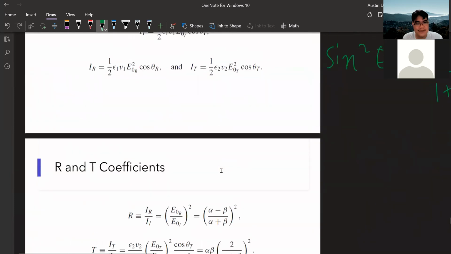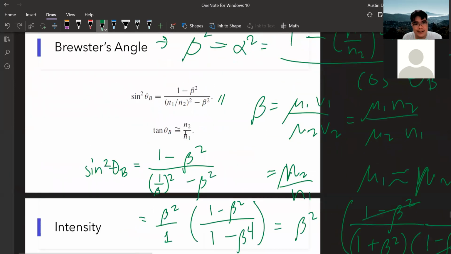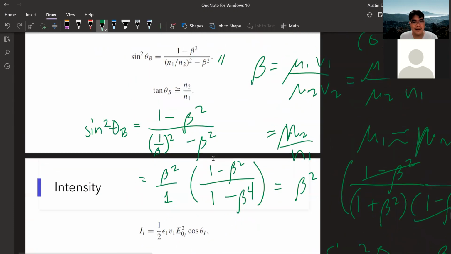So whenever you're given indices of refraction n1 and n2, then makukompute mo si theta b gamit nito. At that angle, lulusot lang lahat ng incident light mo. Na-transmit siya lahat. So ito yung mga nangyayari dun sa mga mirror, mga glass panes na walang reflection. Kaya nababangga yung mga tao.